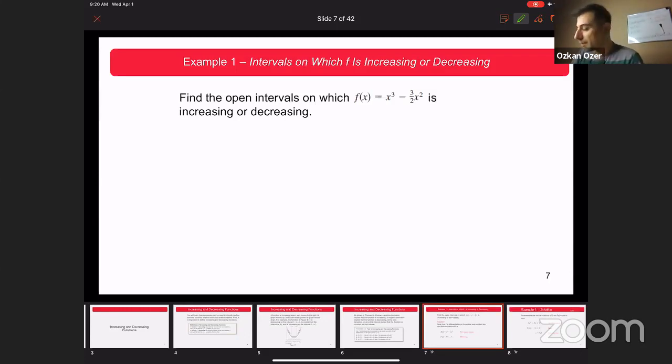Well, this is a polynomial function, and as you see, this function is in fact continuous and differentiable, then you can find f prime by using the power rule. That is 3x squared minus 3 halves times 2 times x, which is 3x.